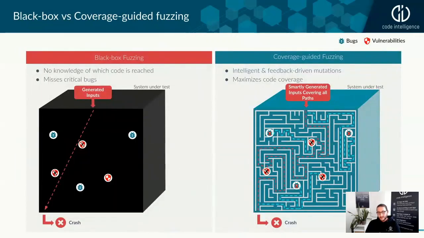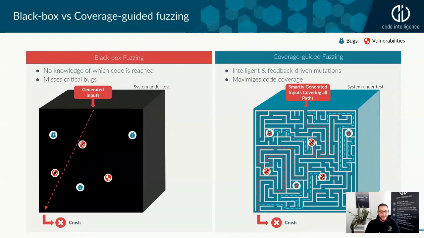Here is another picture to make it a little more visual, showing what changed. On the left side, the black box is how fuzzing was done before. Basically, you generate a lot of inputs and hopefully you find a bug or vulnerability, but you don't have any knowledge about the inner structure of the system under test.